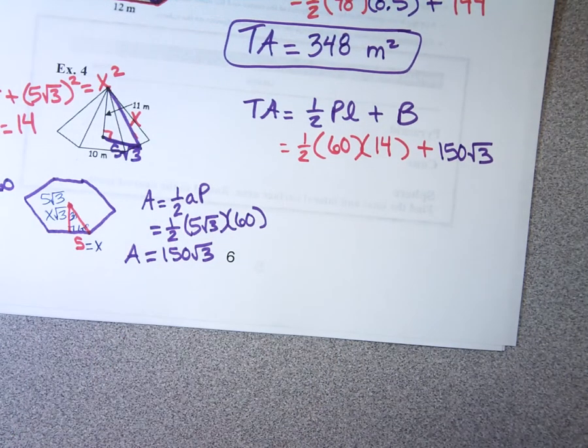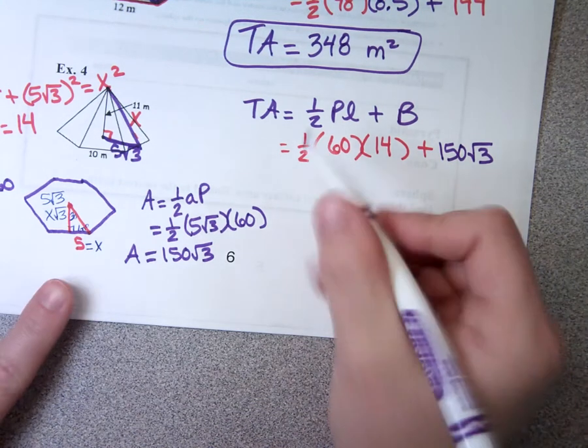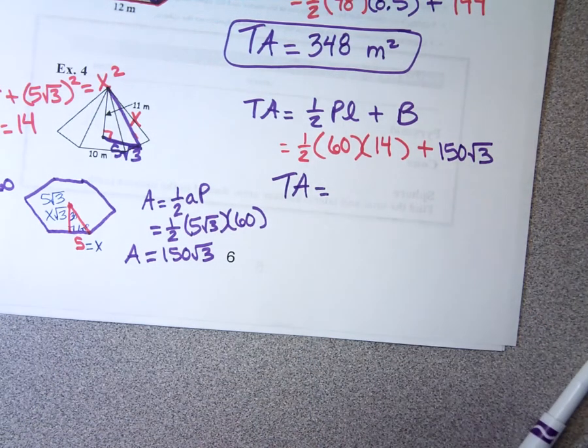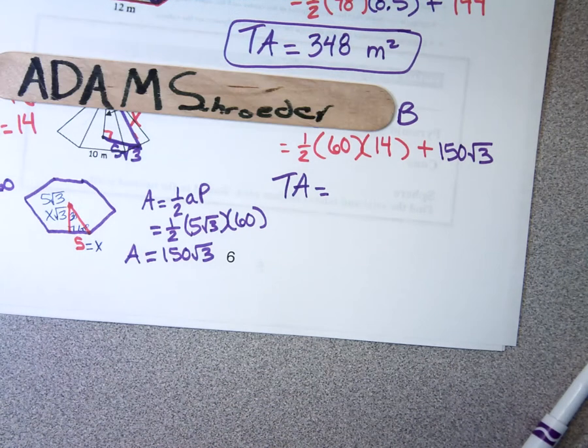I could do a Jolly Rancher for that. Adam? You're just now going to put it in your calculator?